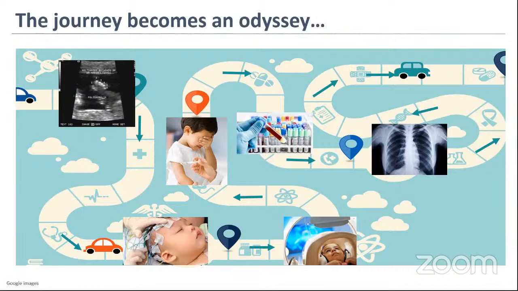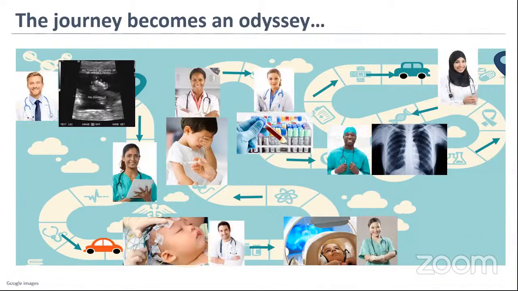For families with rare diseases, this journey to a diagnosis becomes an odyssey, a long drawn out odyssey punctuated by multiple tests and investigations, some painful, some invasive, many totally unnecessary. The conditions we know are very complex, often multisystemic, and therefore inherently complicated, and making the diagnosis is everything but straightforward.